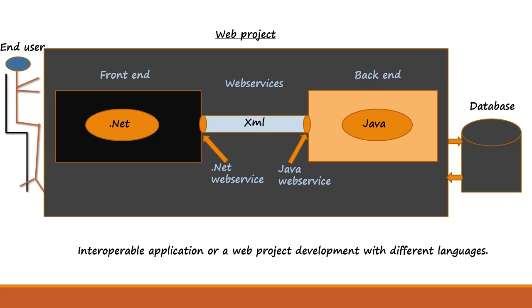After the request is forwarded to the backend, it will hit the database, then the response will be forwarded to the backend. After that, the response goes through XML. Web services will convert the Java data to .NET by using XML. After that, the response is visible to the end user.